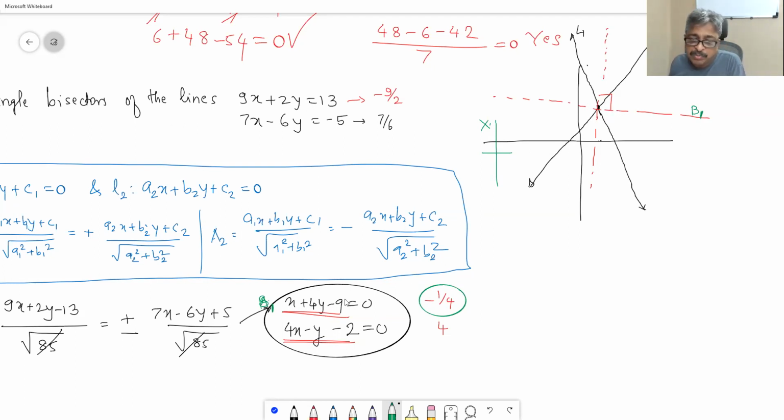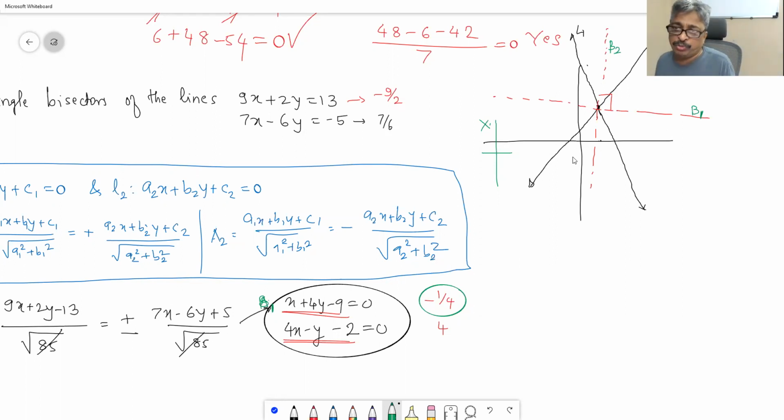So this seems to be B1 and this seems to be B2 as far as my sketching is concerned. But you may go wrong because this is marginal. 7 by 6 is almost a 45-degree line. But if you do the sketching correctly, you will be able to identify the bisectors correctly.